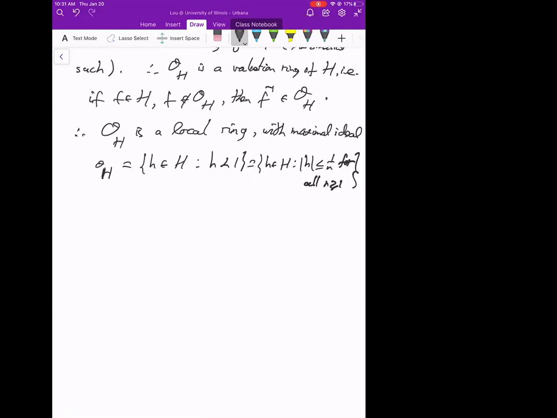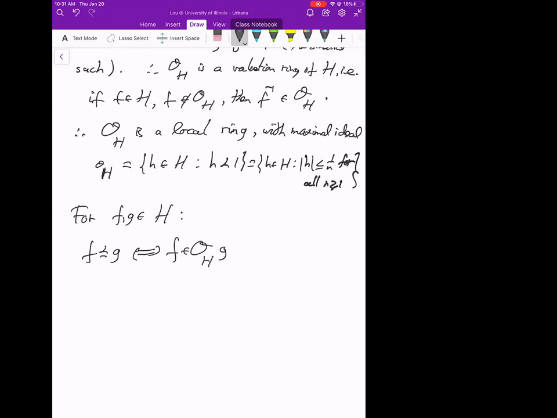Okay, so now this can also be written this way. f is dominated by g if and only if f is in the bounded elements of H times g.